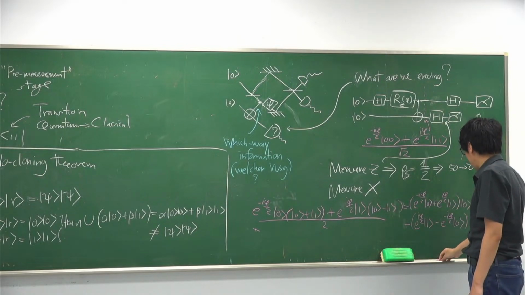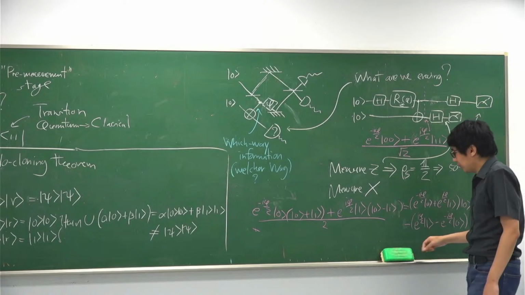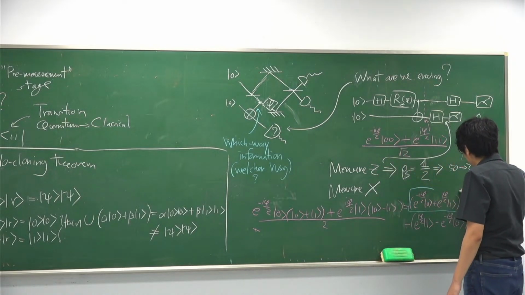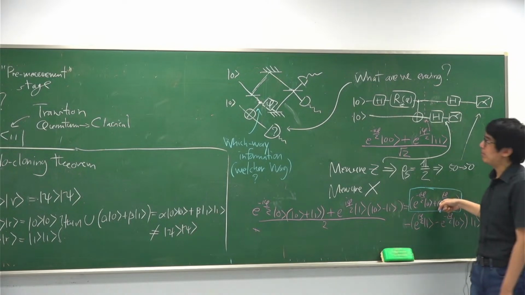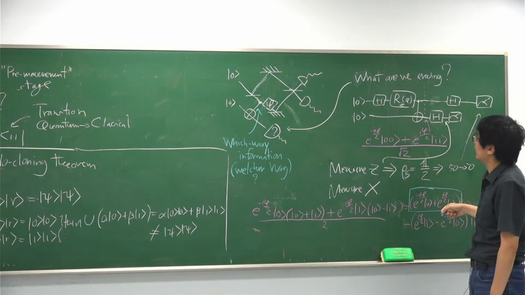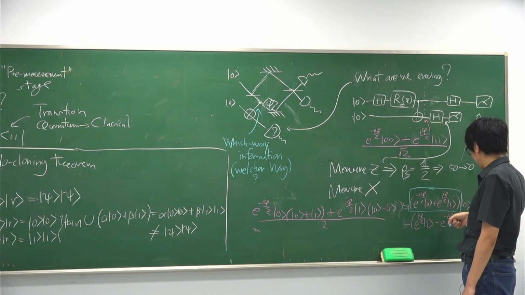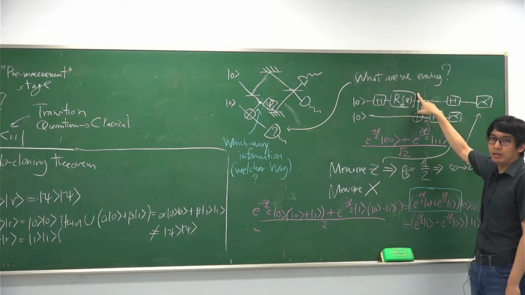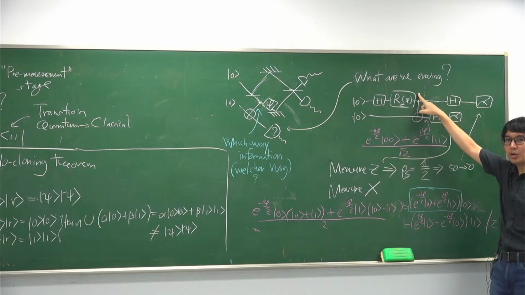Right. So in this case, specifically, you get back the same state. You get back the state after the rotation here. So you sort of restore the coherence in the Z basis.